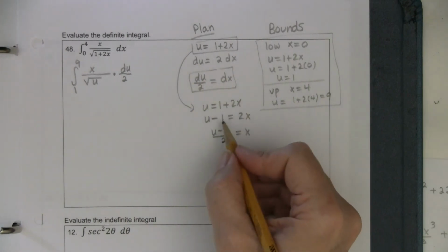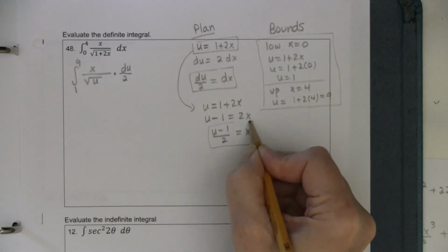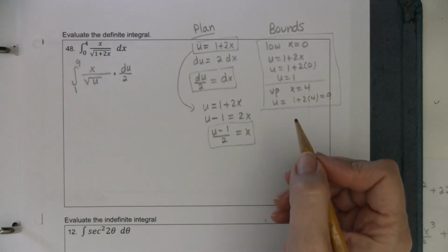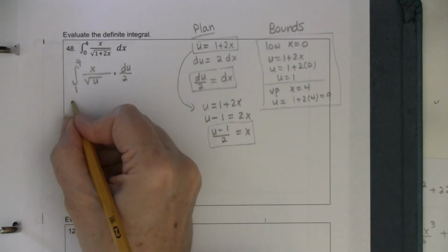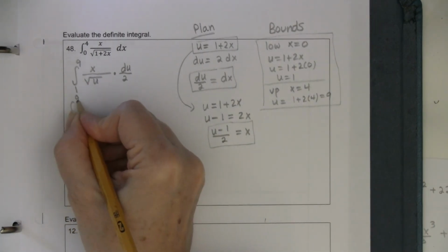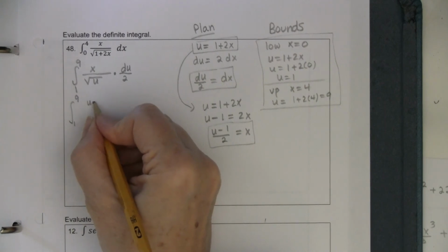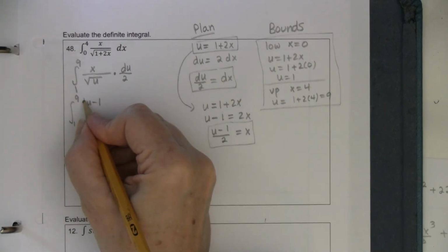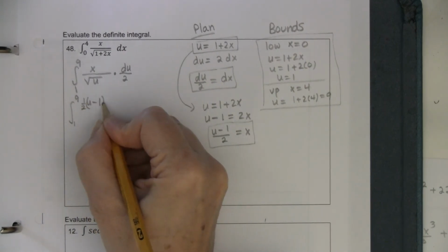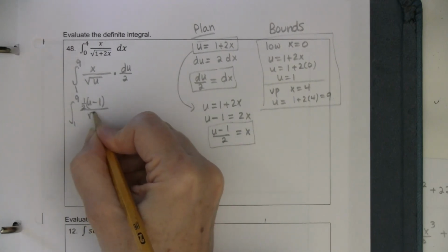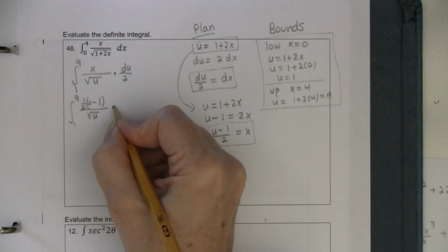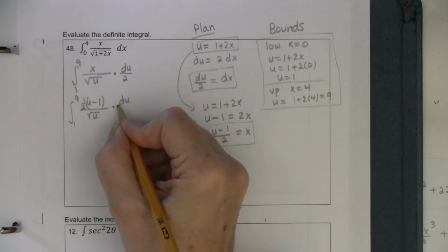And so it's kind of like me getting to plug in again here. And so this is from 1 to 9. And this was u minus 1. I'm going to write this as half, u minus 1 over the square root of u times du over 2.